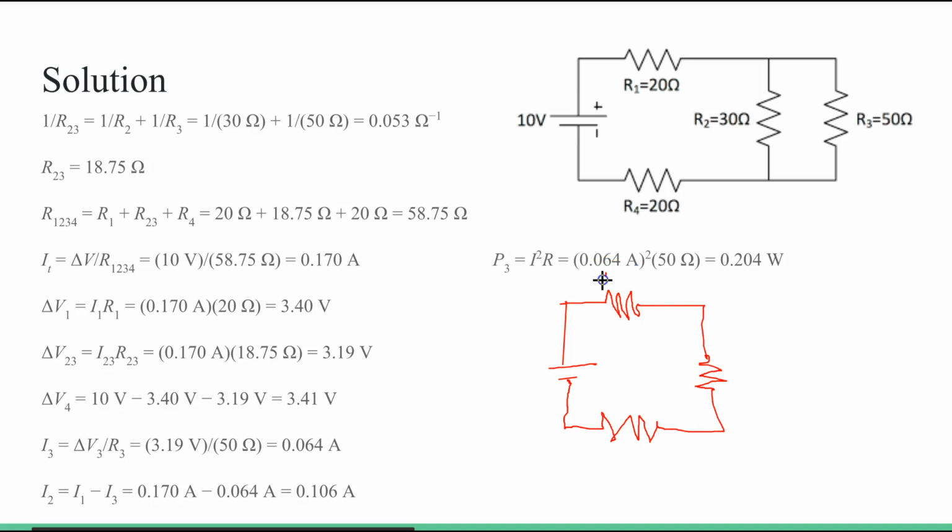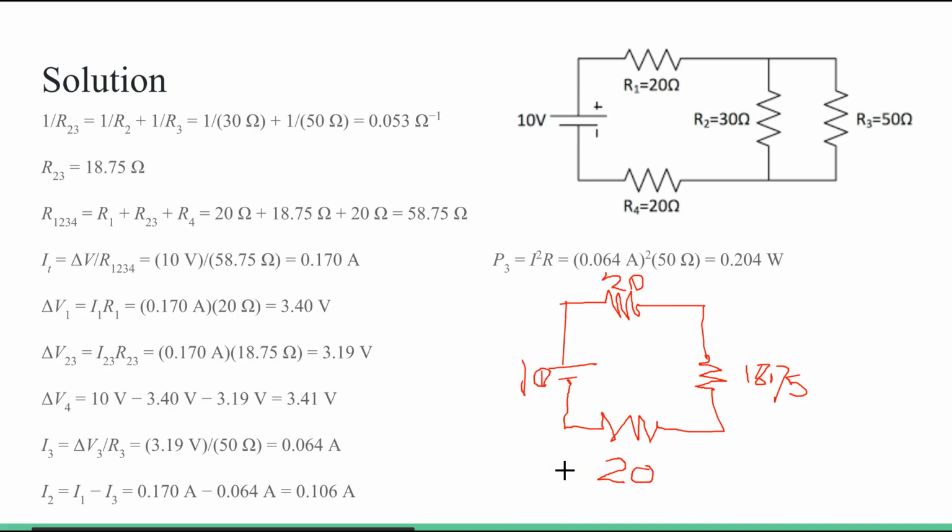Okay, so this is 20. I'm not going to bother writing units in this drawing, so these are all in ohms. So this is 18.75 ohms, and this is 20 ohms again. This is 10 volts.